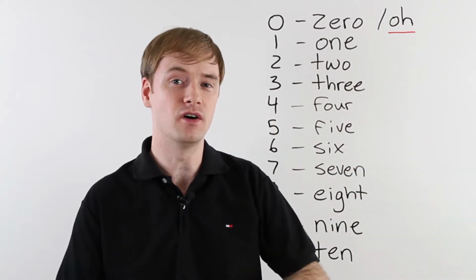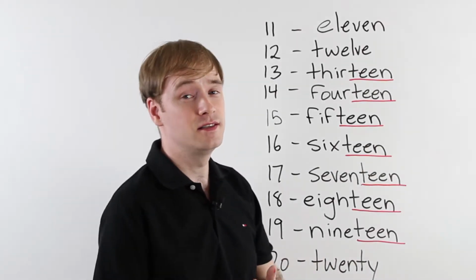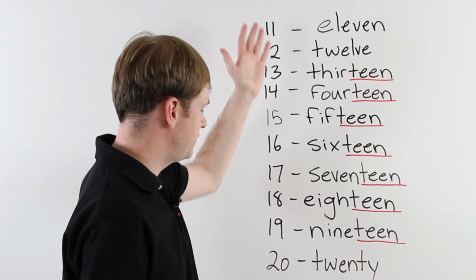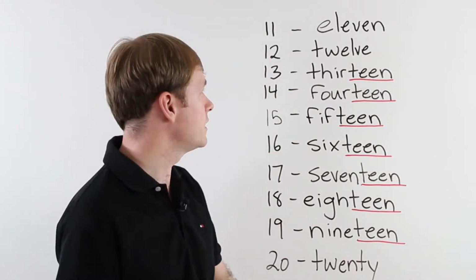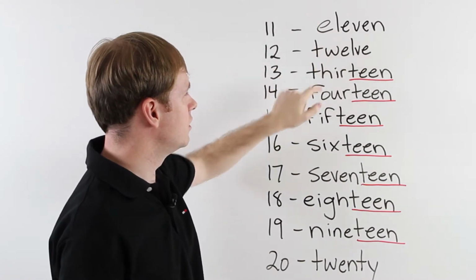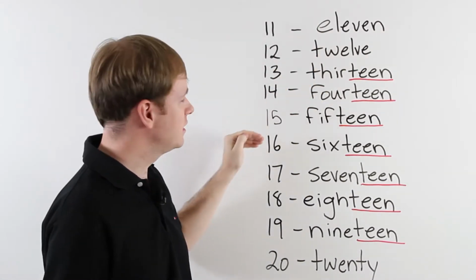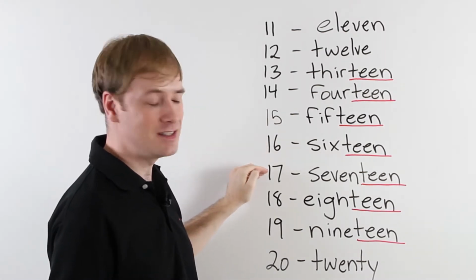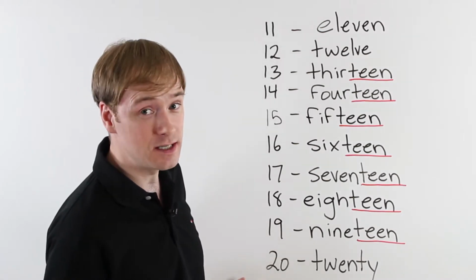Okay, let's move on to the next set of numbers. Okay, let's continue on with our numbers. I have the next set here, 11 until 20. All right, so 11, 12, 13, 14, 15, 16, 17, 18, 19, and 20.